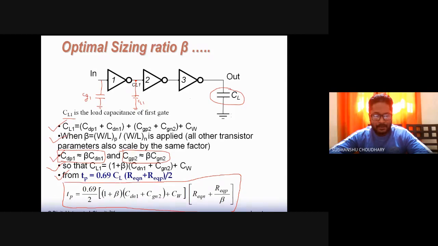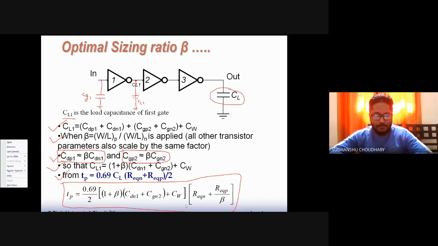So we find the delay TP from this equation, CL1 we use from here, and R equivalent N and P we also utilize. We will also notice that because of this beta factor, R equivalent P, that is PMOS, reduces by a factor of beta. So I modify it here, and it becomes R equivalent P by beta, where beta is the scaling factor. So the propagation delay at this point is this much.